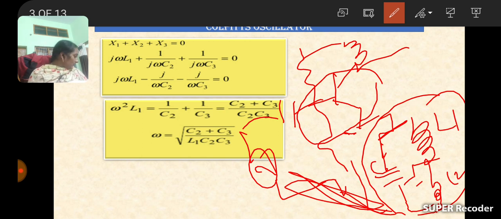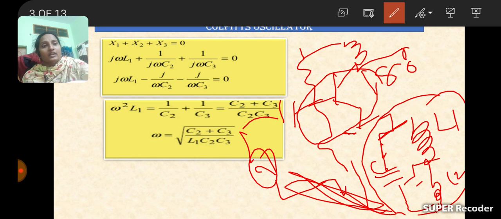It provides a 180 degree phase shift to the given input signal. But there is one condition: to produce oscillations, the circuit must satisfy a 360 degree phase shift. So 180 degrees comes from the transistor, and the remaining 180 comes from the tank circuit.